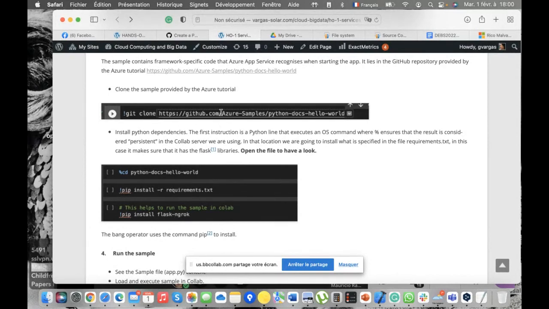And note that in this case, the address is Azure samples. So this is provided by Azure, and it's different from the code that we were using. The only thing is that both Azure and myself are using the same service, which is git. But in this case, we just cloned the code into the Google Drive space.